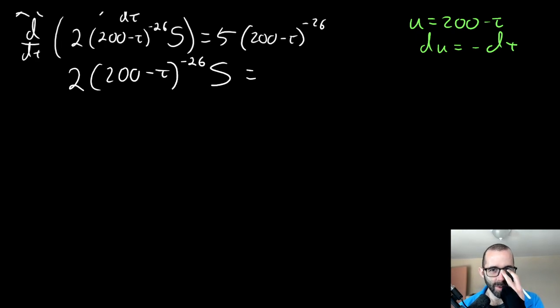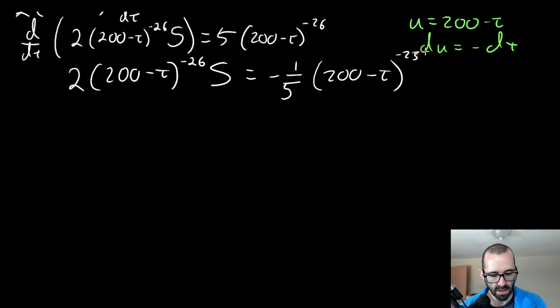There's no way I mess this up, right? Doing it in my head. But basically, it's just the power rule. So this adds a power to become negative 25. And then we have 200 minus t. And then because of the dt, it becomes positive again.